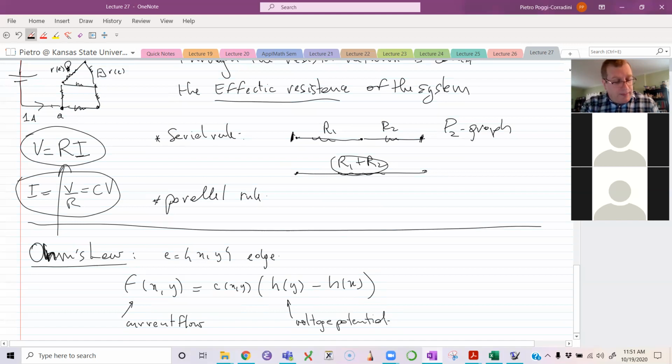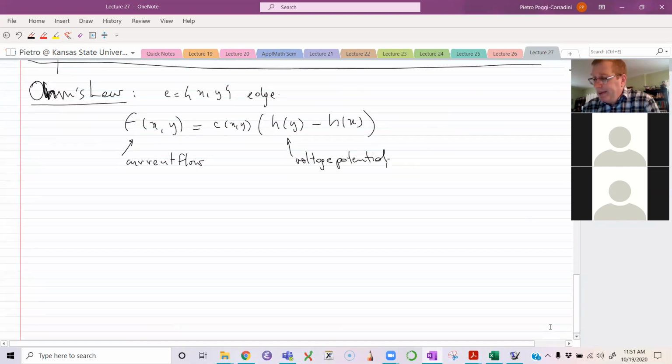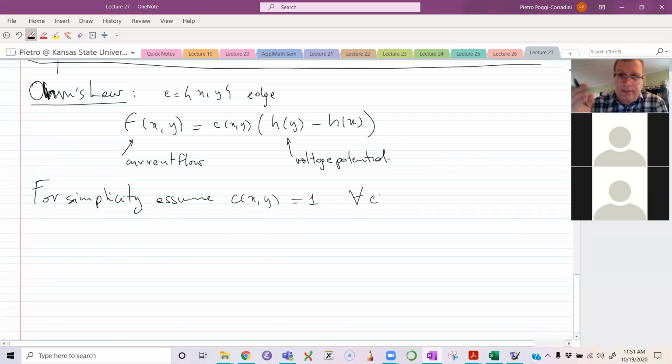All right. For simplicity, let me assume that the conductance is 1 on every edge. It's not a big problem otherwise. So let's try to rewrite this from our point of view.